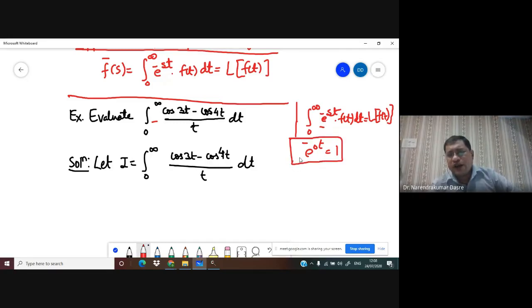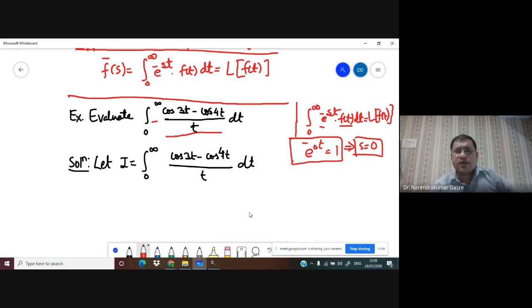So if I have this term here, the integral from 0 to infinity is okay. The exponential term is not there, so we can write this as e raised to minus 0 t. So it is going to be 1, so I can consider 1 here. And now from this, I can get the value of s is equal to 0. And the remaining is f of t.